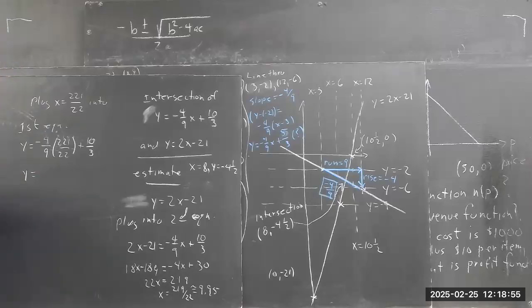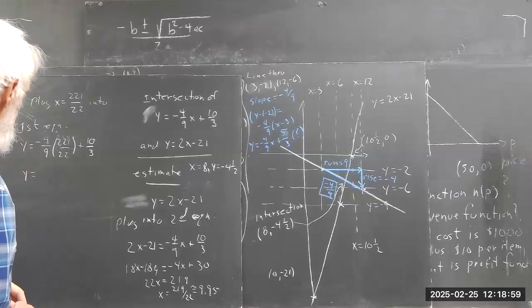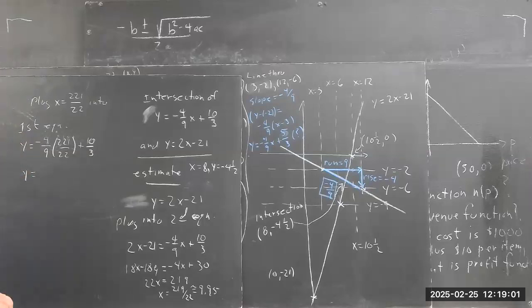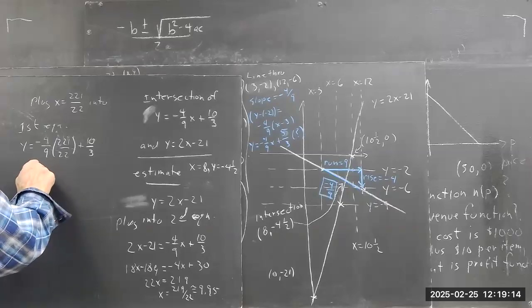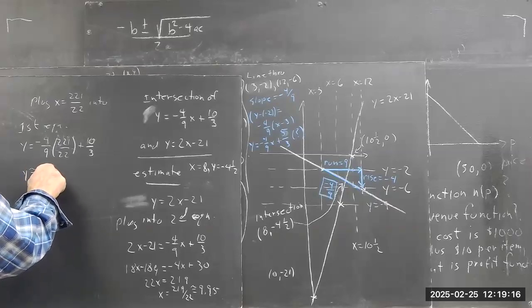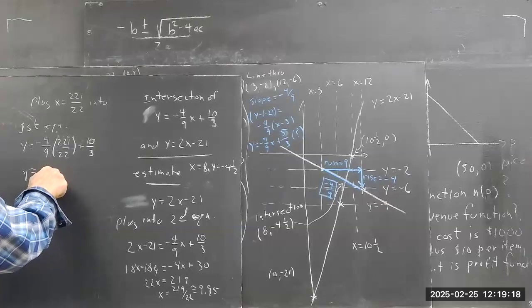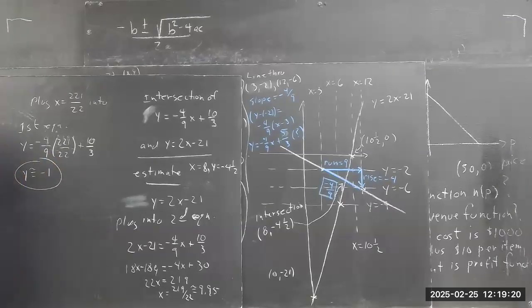Now, if we do the arithmetic, this is practically 10, so that's like negative 40 over 9, and 30 over 9. One.